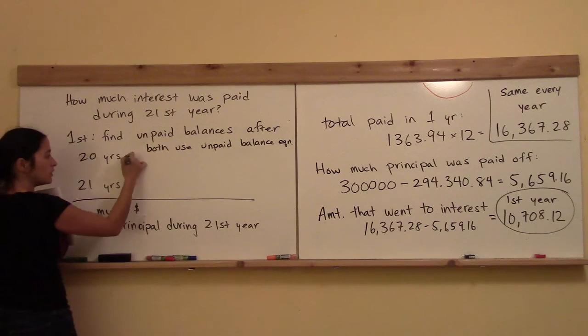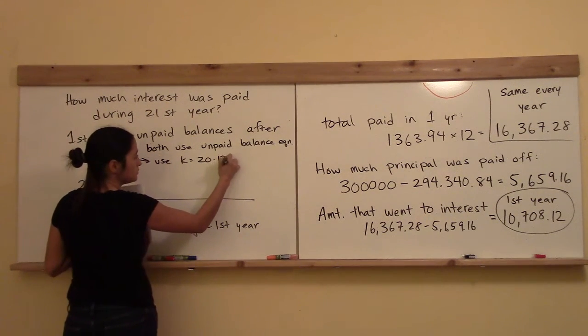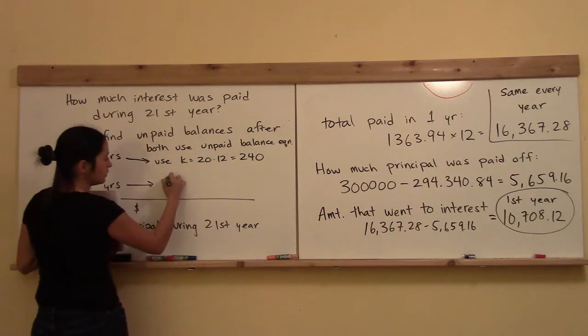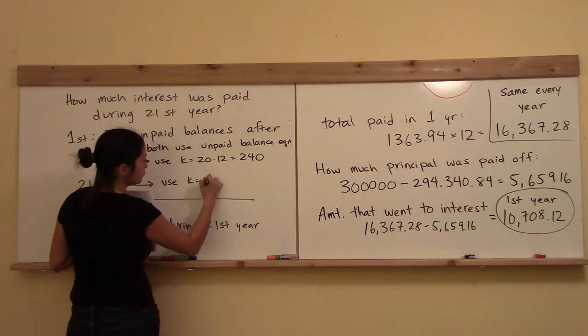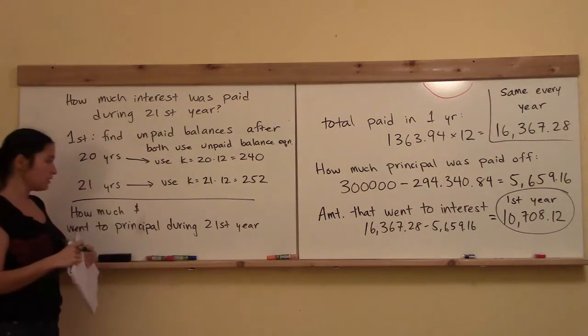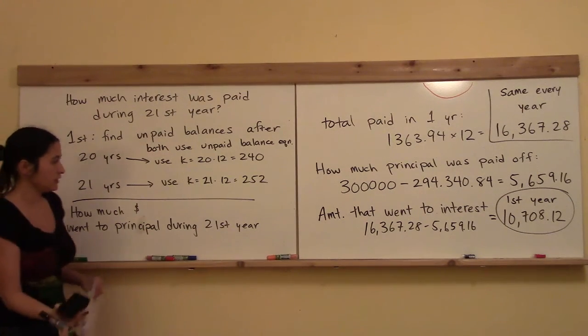The 20 years one uses K equal to 20 years times 12 times a year, which is 240. And the 21 year one uses K equal to 21 years times 12, which is 252. And then the difference between them is how much principal I paid in the 21st year.